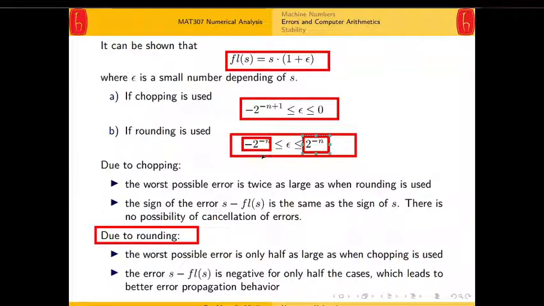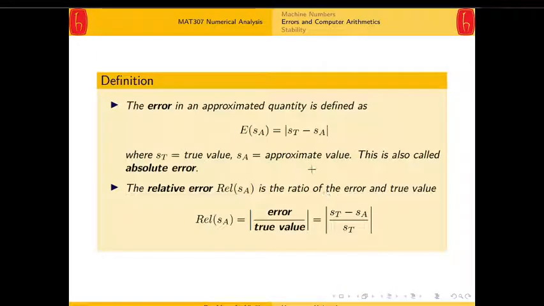Say in one number the error is positive, in the other number the error is negative. If they are added, these errors might cancel. But in the chopping case, it's always negative, so there's no way they can cancel. They will accumulate or propagate much worse. So the error propagation behavior of rounding will be better.